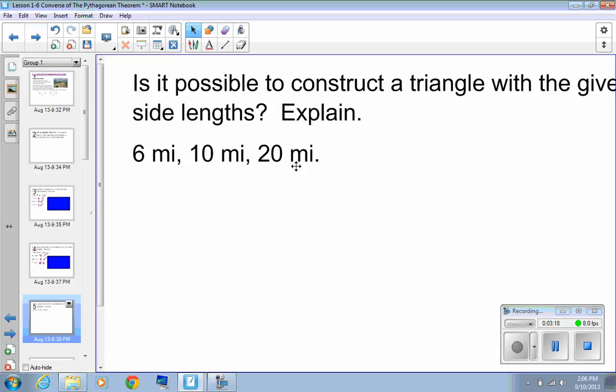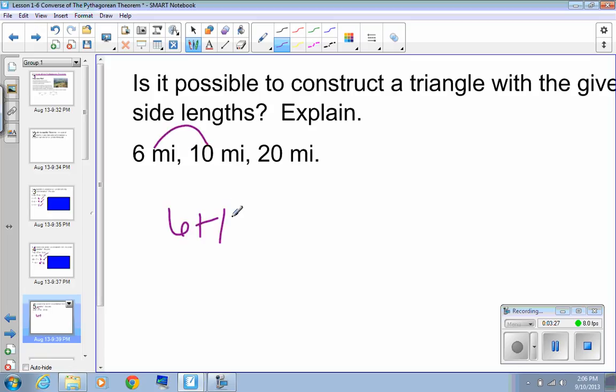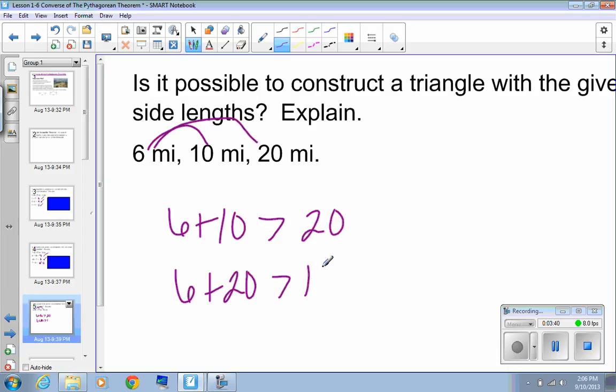Is it possible to construct a triangle with these three sides? I'm going to try 6 plus 10. Is that greater than 20? Then 6 plus 20. Is that greater than 10? And then I'm going to try 10 plus 20. Is that greater than 6?